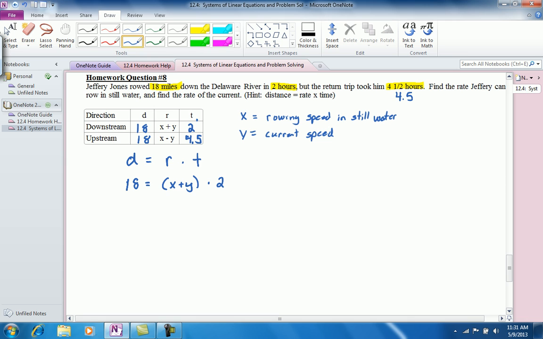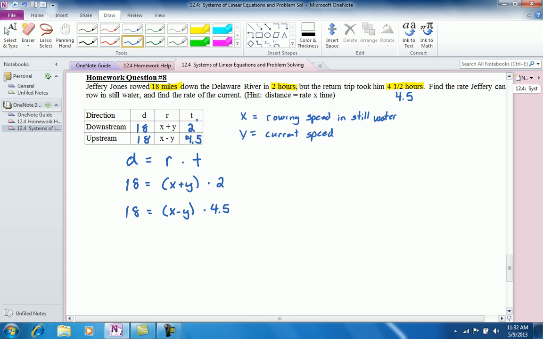And my second equation of my system will be 18 equals x minus y times 4.5. Okay, so those are my 2 equations that I've set up for my system, and that's, again, the key to these problems, setting up these equations.